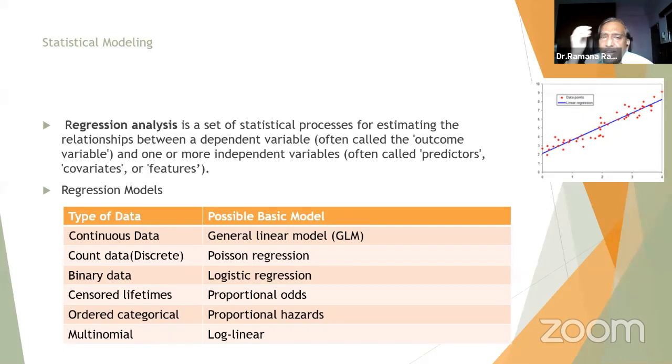Regression analysis, as I said earlier, works with an outcome, the dependent variable, and independent variables. It helps you understand how the independent variables are influencing, that is, the direction of influence and the percentage of influence.